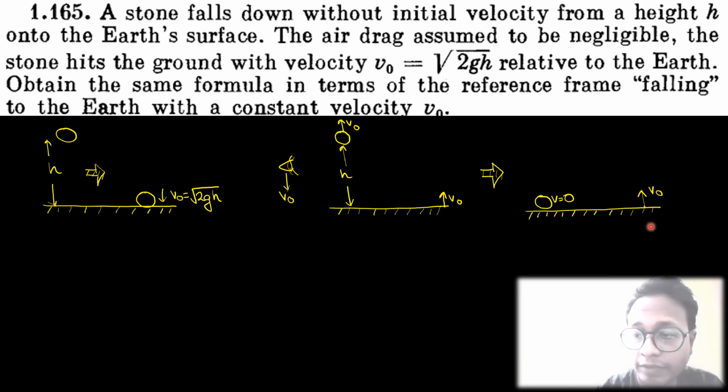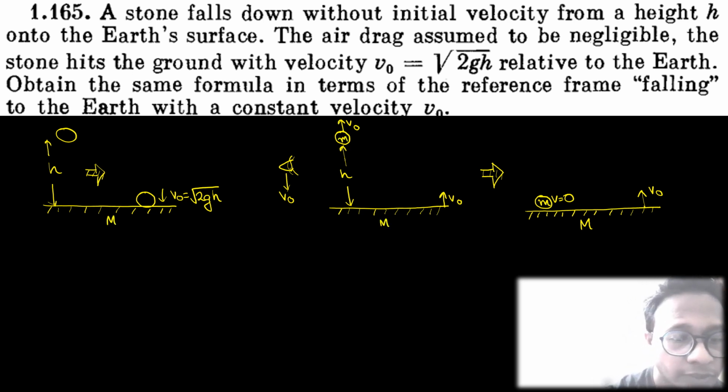Final kinetic energy of the system minus initial kinetic energy of the system is equal to work done by all the forces. In order to find the final kinetic energy of the system, you have to assign the masses. Let the mass of earth be M, mass of the ball be small m.